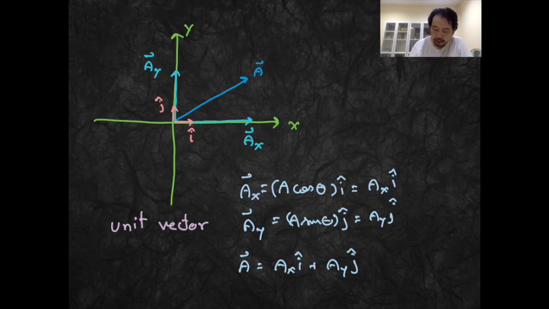If our vector is in 3 dimensions, something like this, this is x, this is y, and this is z direction. We can also define i, j, and k as the unit vectors along the x, y, and z directions, respectively.